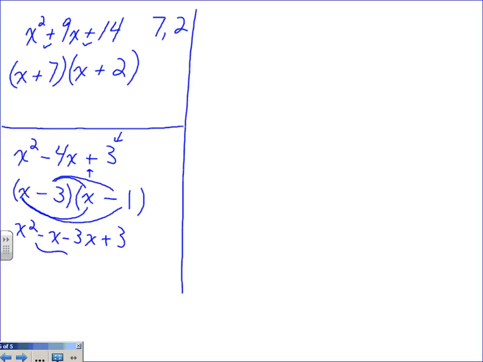But if you add these two middle terms together, first of all, I have the x squared, -1x, remember we don't need the 1 there, -x minus 3x gives you a -4x, and then you have the +3 at the end. So we get what we start with. So basically, this is a guess and check.